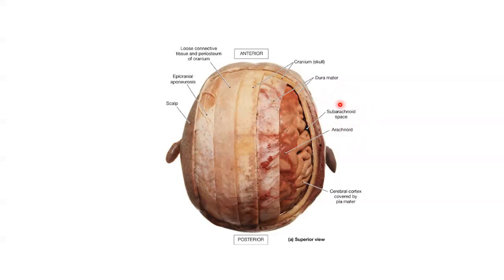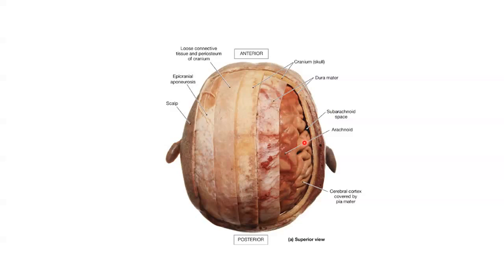And this is where our cerebrospinal fluid will sit, which we'll talk about next. We also have little extensions of the arachnoid mater that project into that subarachnoid space. These are called the arachnoid villi, and these help reabsorb the cerebrospinal fluid back into the blood so that it can be refreshed.